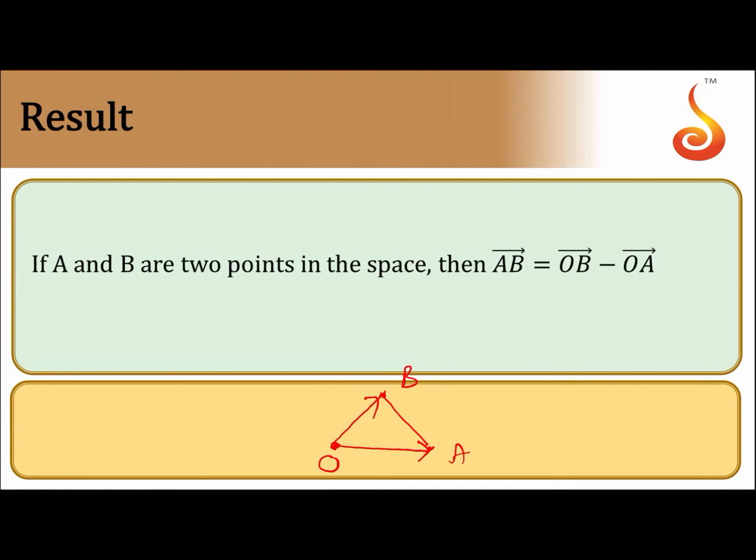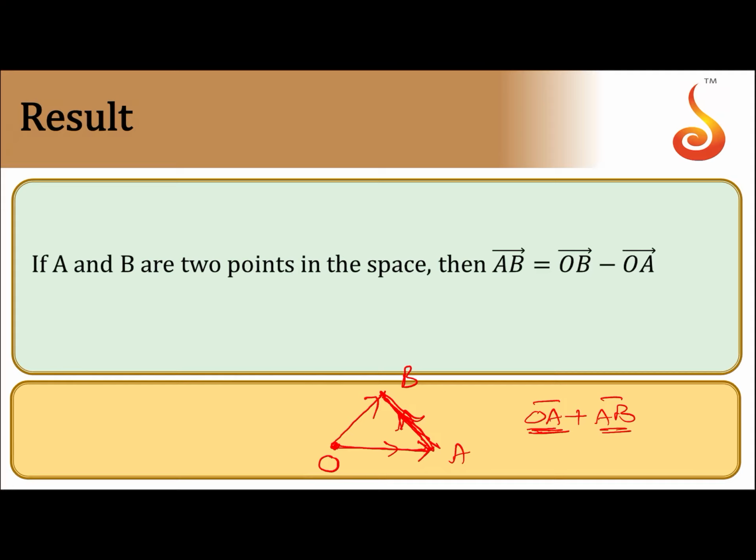Then if I take the vector AB bar, by the triangle law of addition of vectors, we know that OA bar plus AB bar. OA is in this direction, and AB bar is in this direction. Direction is important: A to B, O to A to B, OA, AB.